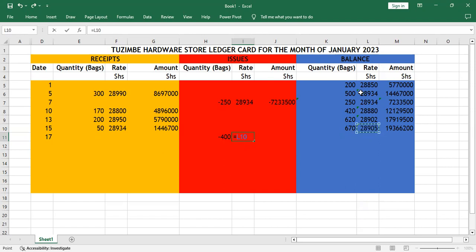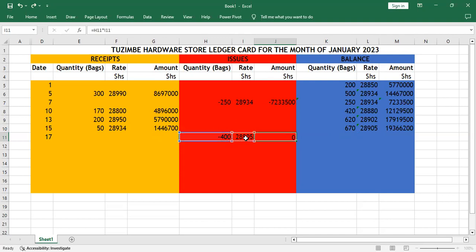And if we look at our balances, you will see that the average cost per bag is 28,905. So we shall assign 28,905 as the cost for each and every bag that was issued on this 17th day of January. Then we get the amount of the issue, so the cost of these bags that were sold on that date. We have 400.